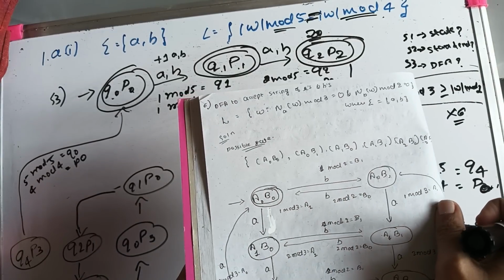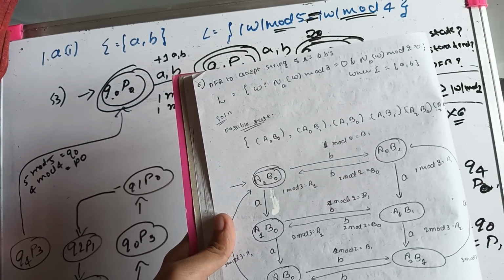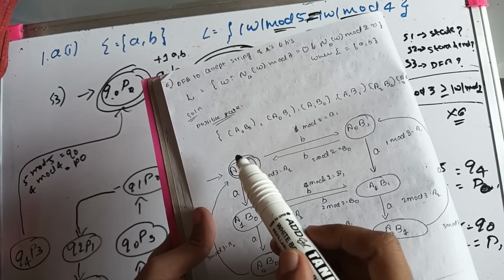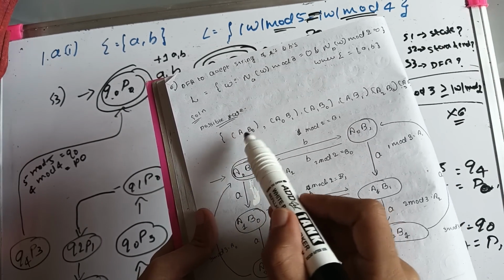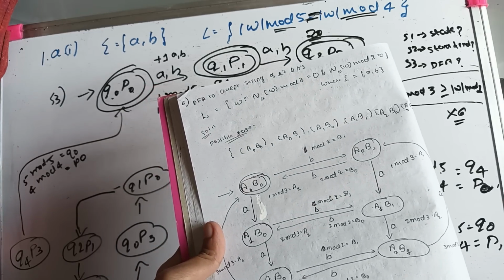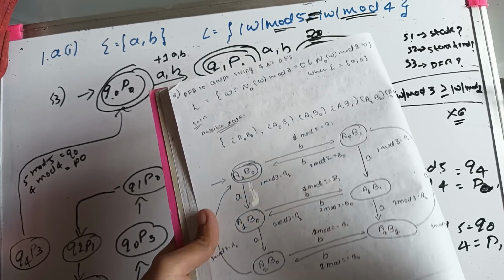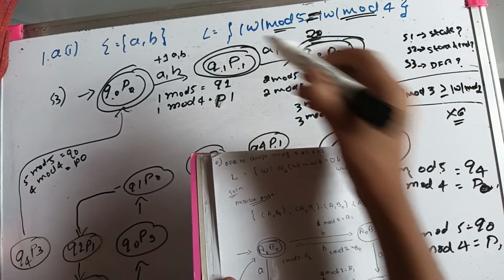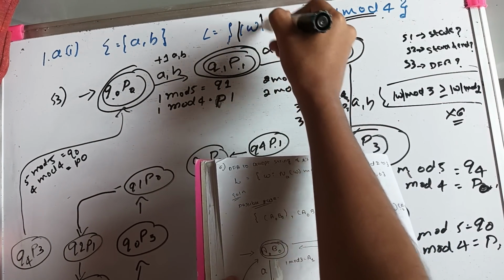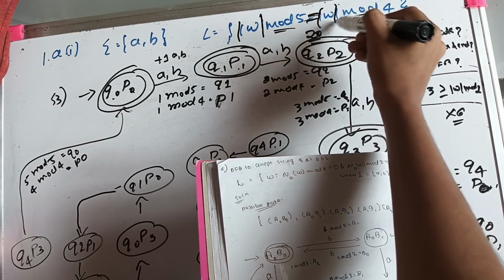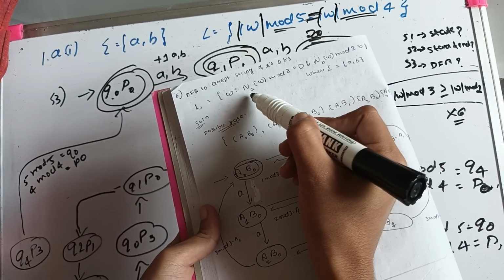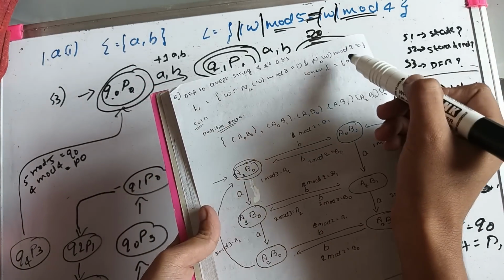And one more thing I need to say, in the mod k counter problem I solved, where I had taken Q0 P0, but here A0 B0 is there. So how to recognize the type of the question? Here they given a mod for W and a mod here also. But in that type of question they are asking the number of A's and number of B's.